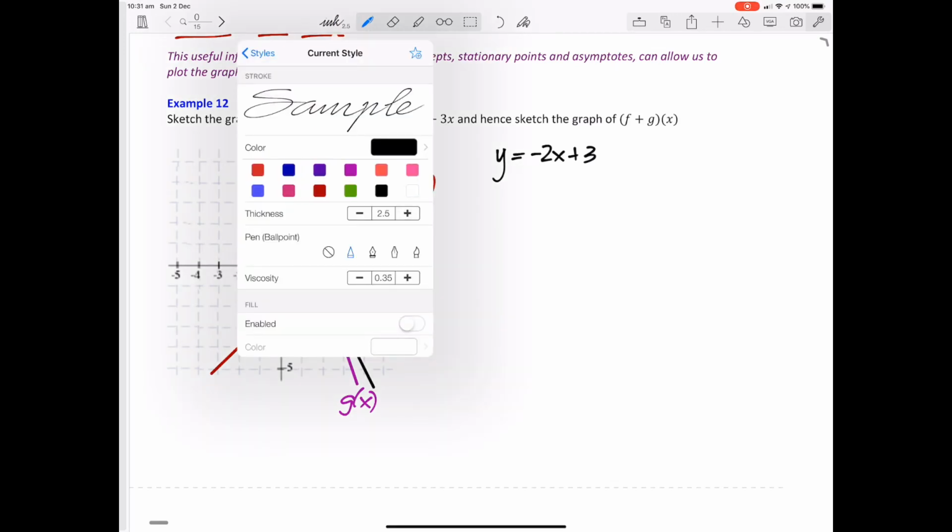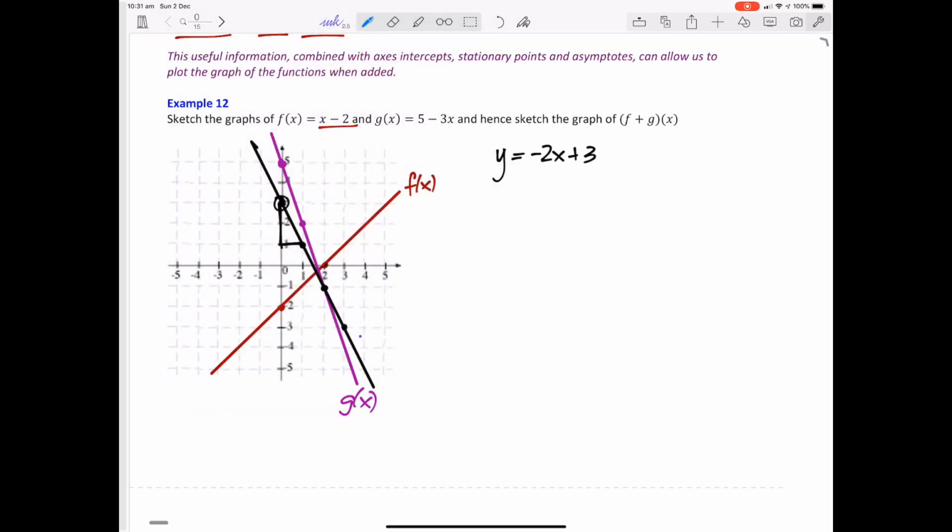So if I said f plus g of x equals x minus 2 plus 5 minus 3x. If I add x minus 3x, I get minus 2x. If I have minus 2 plus 5, I get plus 3. Surprise, surprise, that's our function of when we added those two graphs together.